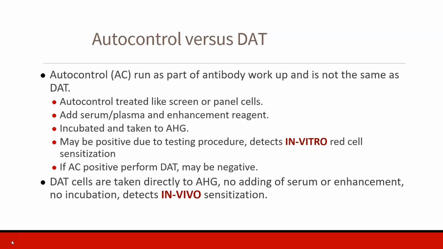So you take a drop of cells, put it in a tube, wash 3 times, and be sure to agitate in between every wash to break up the button at the bottom so you don't get a false negative, and then you wash 2 more times. There's no adding of serum or enhancement reagent, there's no incubation, and so the DAT detects in vivo sensitization. So I want you to be aware of the difference between an autocontrol and the purpose it serves, and the DAT and the purpose it serves. One is in vitro, one is in vivo detection.